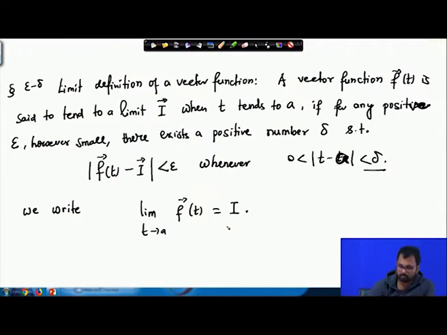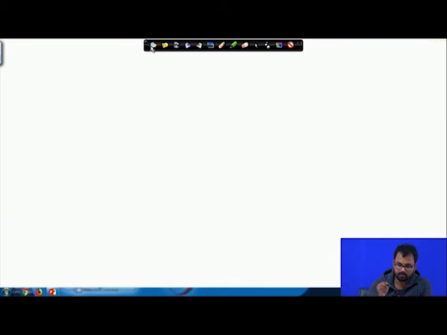Similarly, like the limit of scalar functions, where we had several properties, in case of limit of vector functions we will also have several properties. So, I can just summarize them in a small theorem.